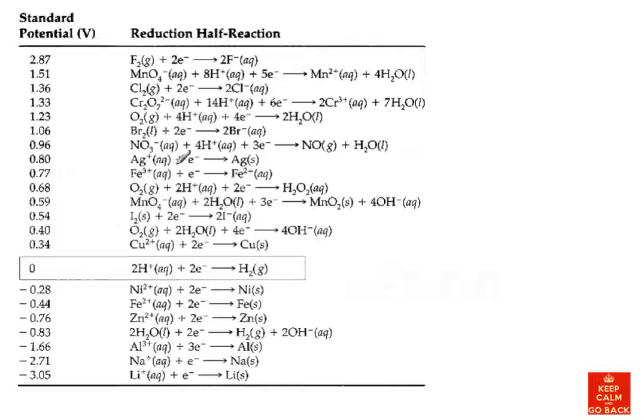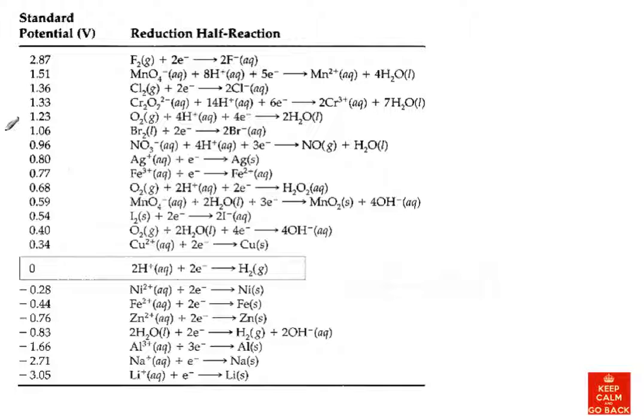Basically, anything with a positive potential compared to hydrogen gets reduced, and hydrogen would be oxidized. By the same token, anything with a negative potential will be oxidized and hydrogen would be reduced. That's kind of how the table works, and we're going to talk about this in a bit more detail a little later. But just knowing our way around, anything high is likely to be reduced, anything below it is going to be oxidized.